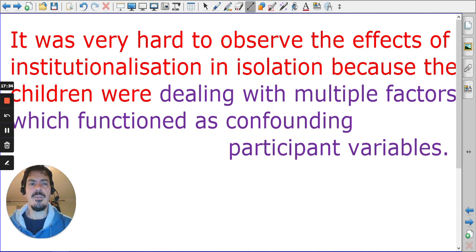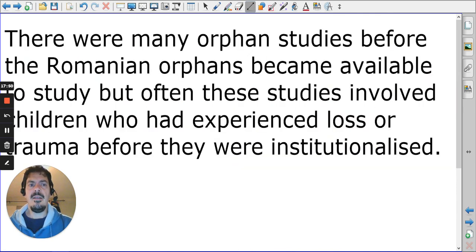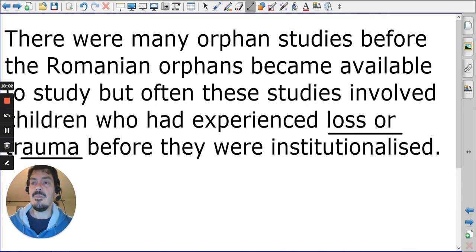And of course, we can't observe these effects in isolation, because there are other factors going on. I talk about multiple factors here, and each of these factors could be a participant variable. For example, many of them potentially had loss or trauma before they were taken to an institution. Some of them were abandoned. Some of them were there because of health and well-being.